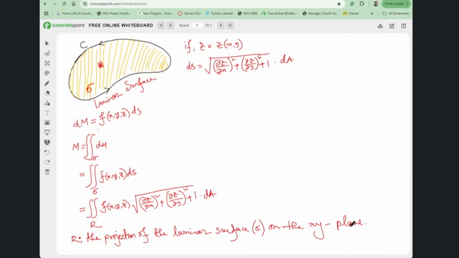Does it make sense to everyone? You have this surface, right? If we project this surface onto the XY plane, the area or region we get is our R, and over that region we have to complete this double integration. Now this double integration is the same as this surface integral. Check whether everyone can follow the discussion.